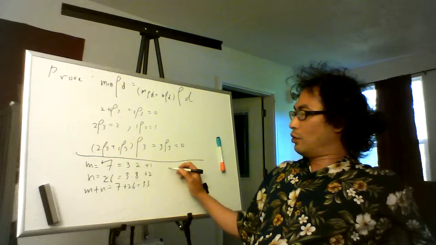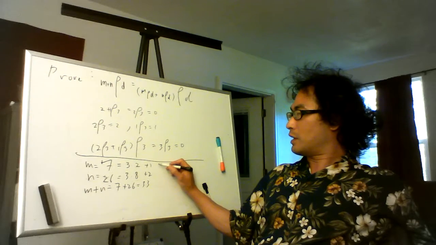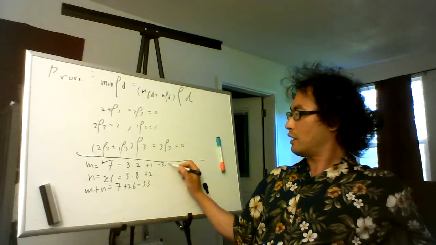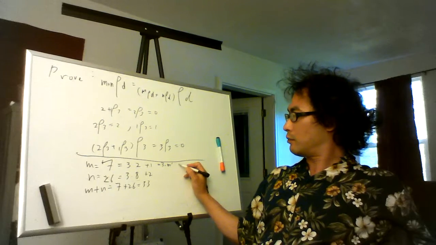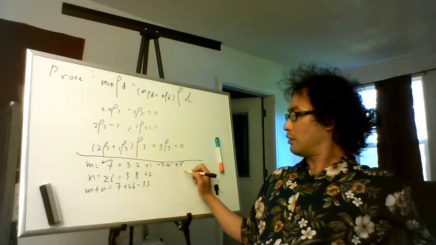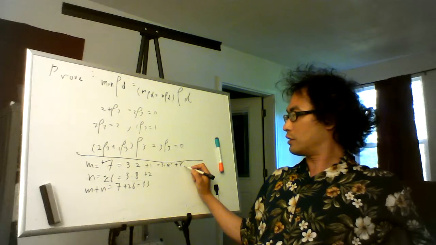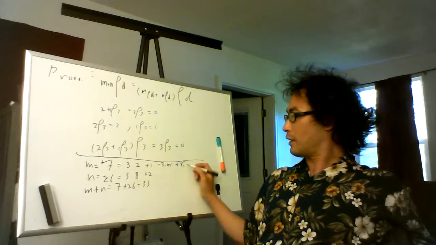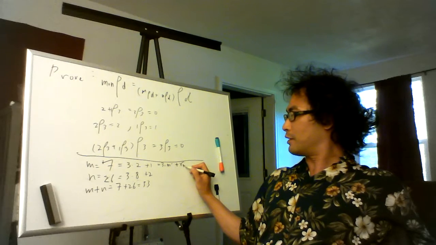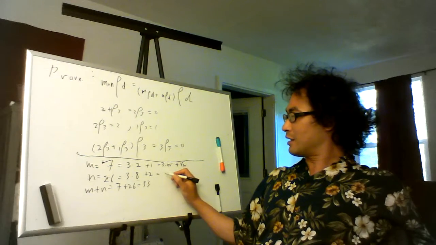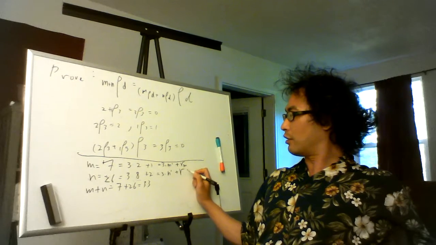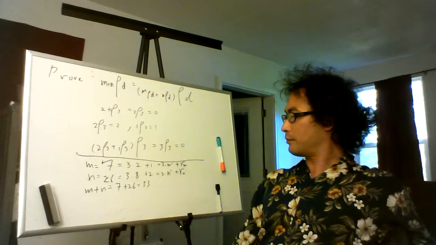So no matter what it is, this can be expressed as m is 3 times m prime plus a remainder. We call this Rm. And n is 3 times n prime plus remainder Rn.